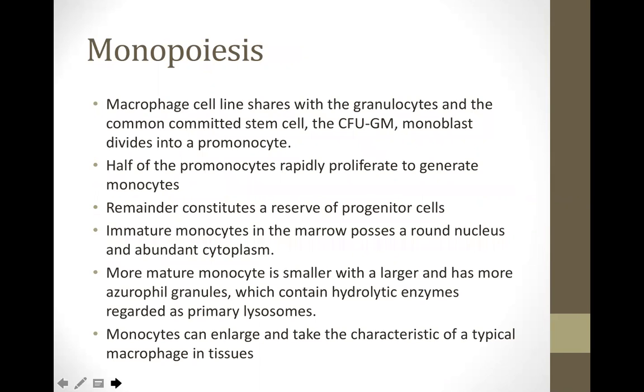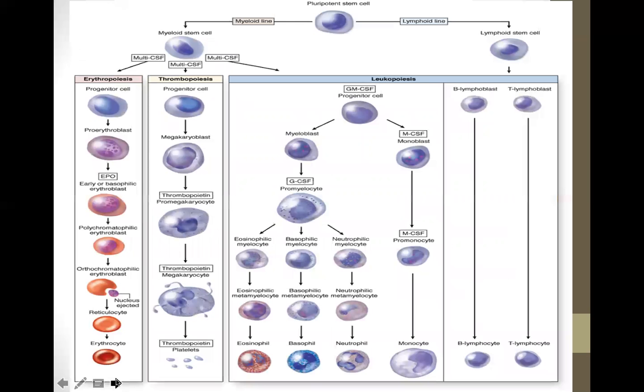Yeah. And lastly, monopoiesis. So if there is monopoiesis, there is formation of monocyte. Okay? The macrophage cell line shares with the granulocytes this CFU granulocyte monocyte. In the diagram, look, saan na yun? Yun. So, same lang sila ng progenitor cell.